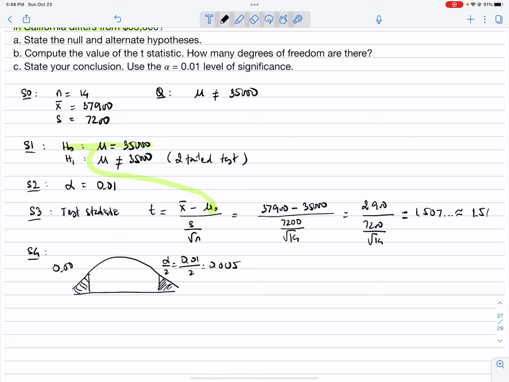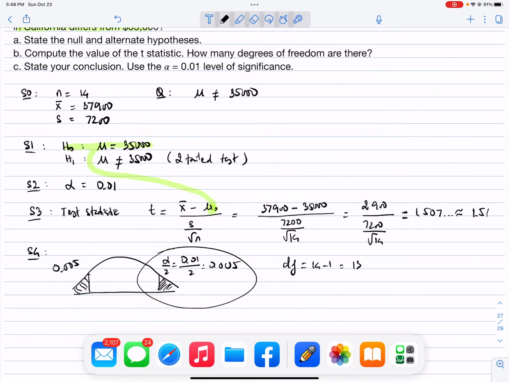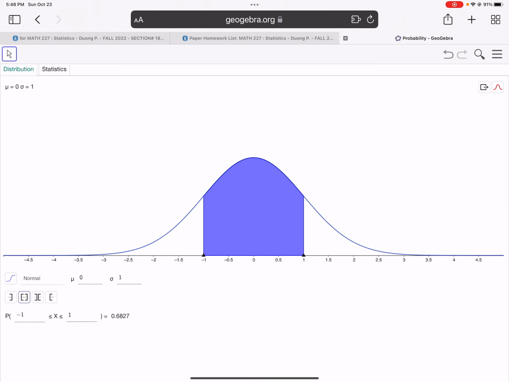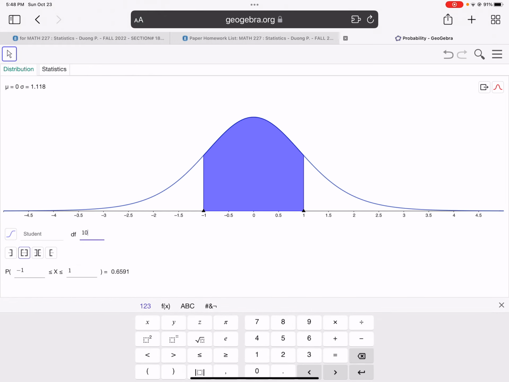So just this part only, we have the degree of freedom, 14 minus 1, and that is 13.